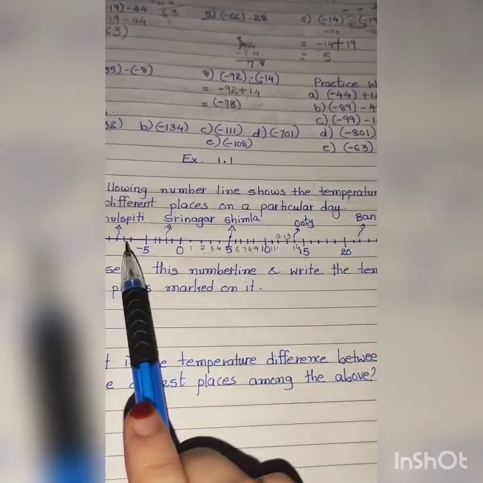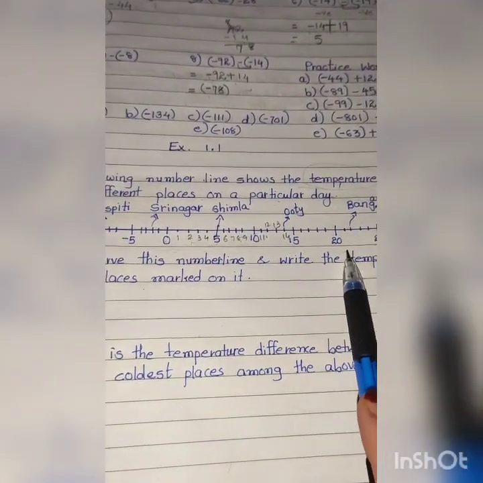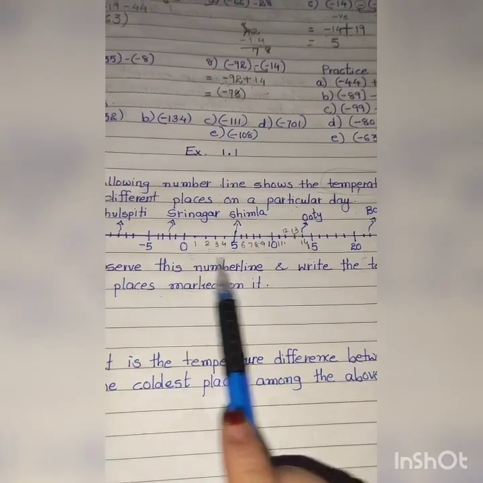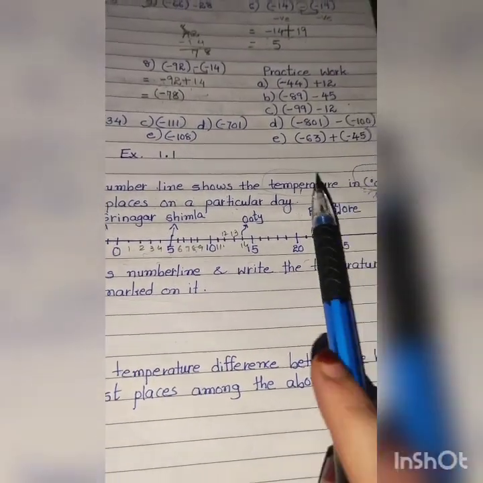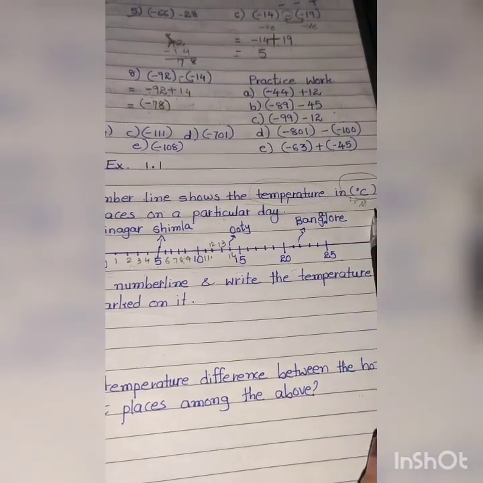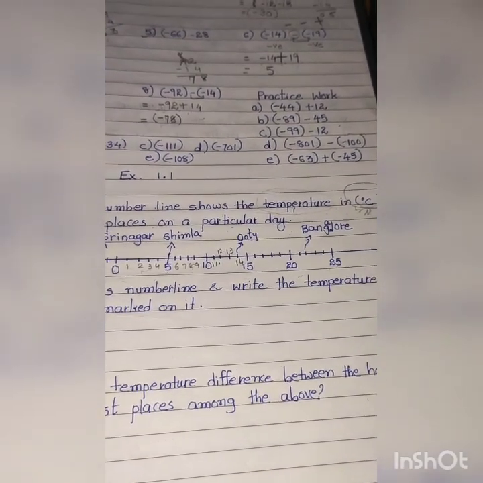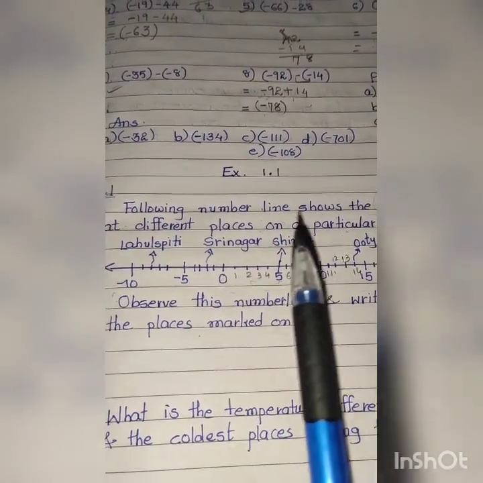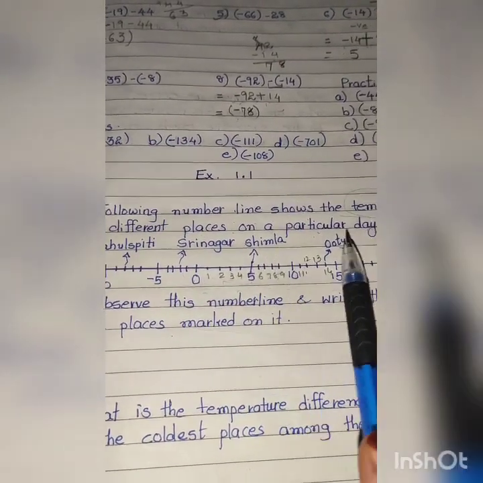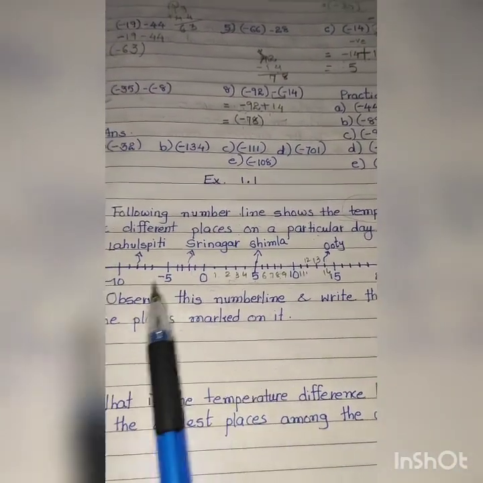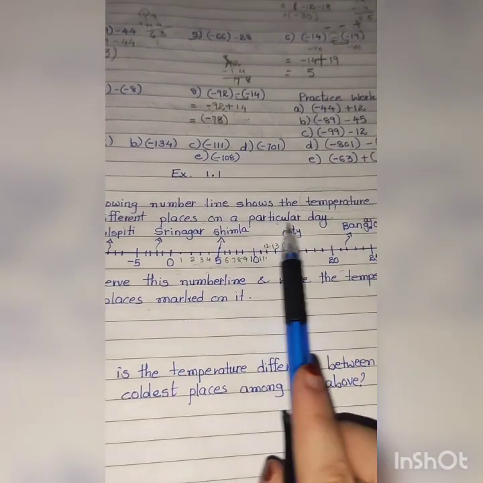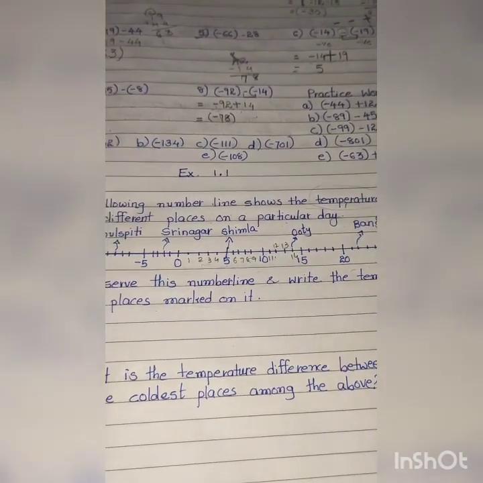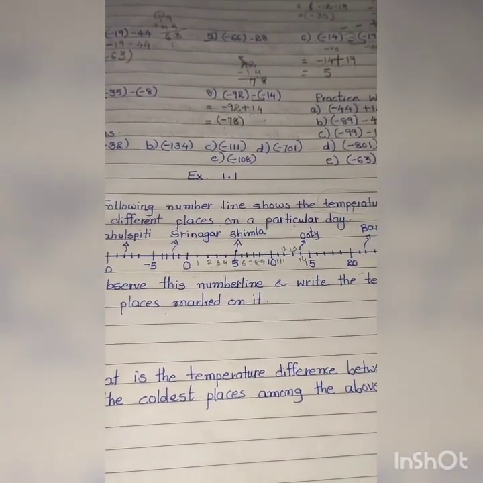As you can see, some numbers are written on it. These numbers represent the temperature in degrees Celsius, the unit of temperature, at different places on a particular day. As you can see here, they have mentioned the names of the places also.